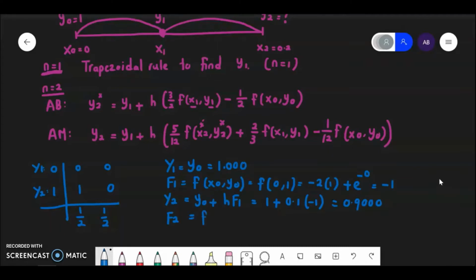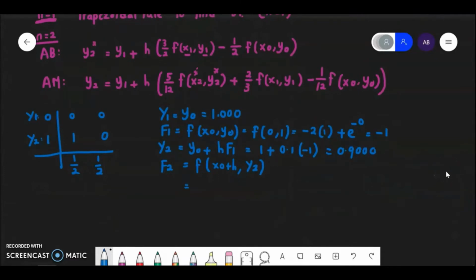So f of x0 plus h, y2: x is 0, h is 0.1, y2 is 0.9. Put that into the function, negative 2y plus exponent negative 0.1. By quick calculation, you have 0.8952.